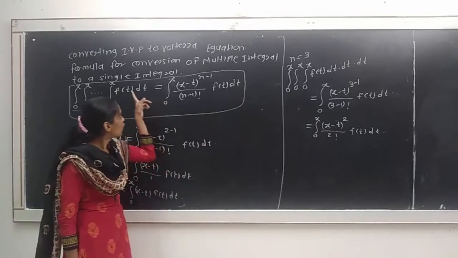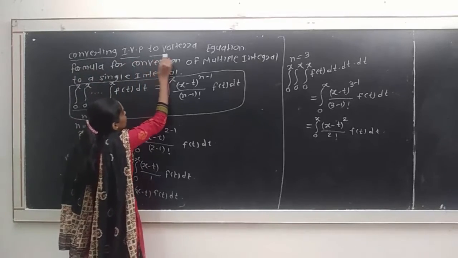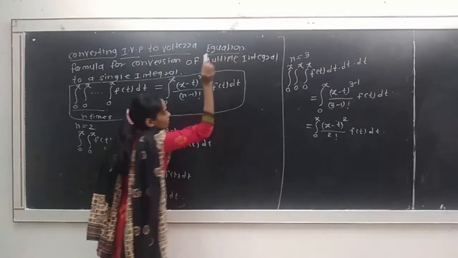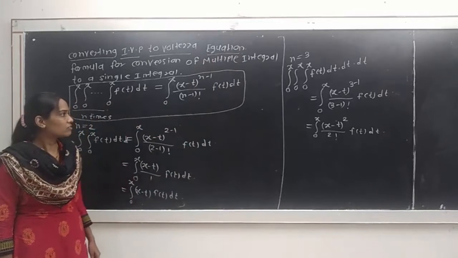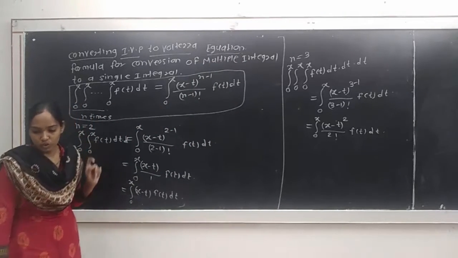We have to use this formula for converting an initial value problem to the Volterra equation. Before that, we see the proof of this formula for n equal to 2.